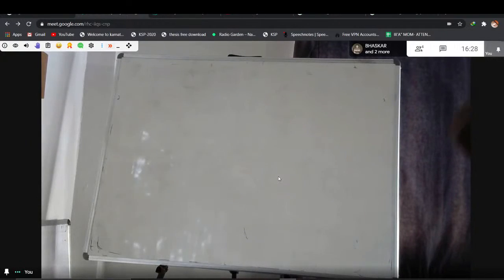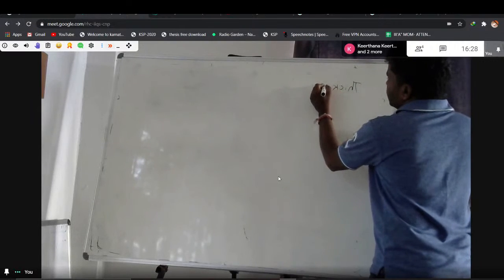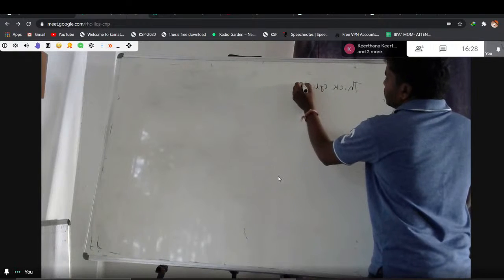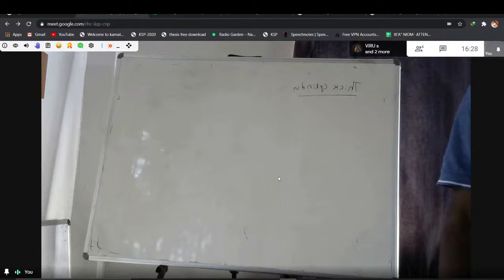Thick cylinder. So what does thick cylinder mean? What may be the ratio of a thick cylinder? How much thickness to diameter ratio should be there?